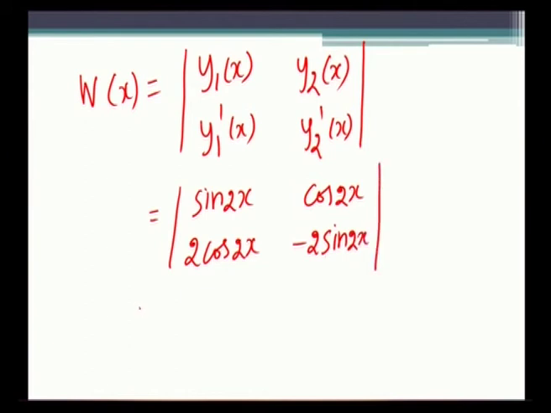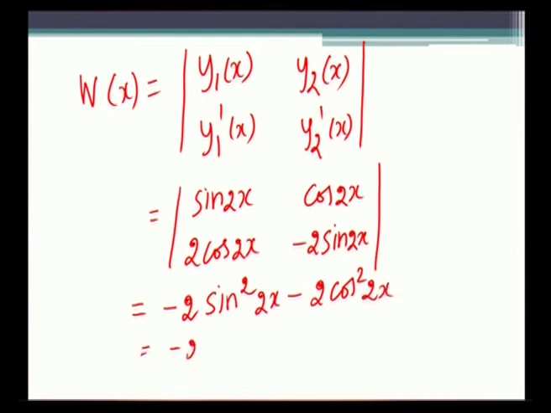If we expand this determinant, we will get minus 2 sin square 2x minus 2 cos square 2x. Now, take minus 2 as common from this part. So, the equation will change as sin square 2x plus cos square 2x.